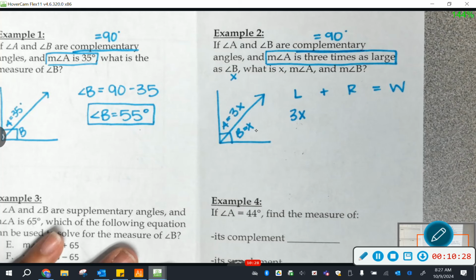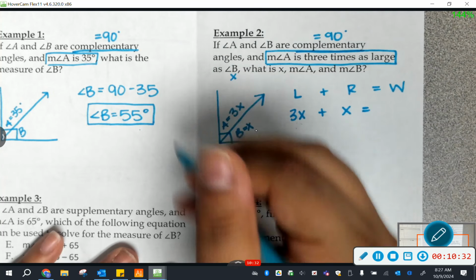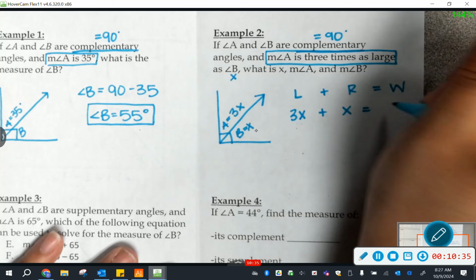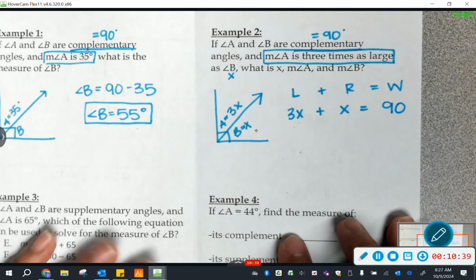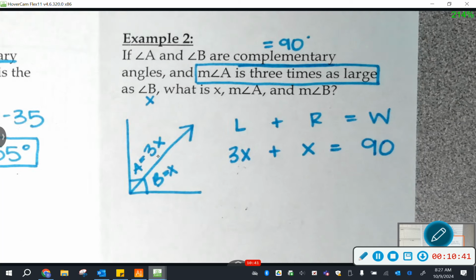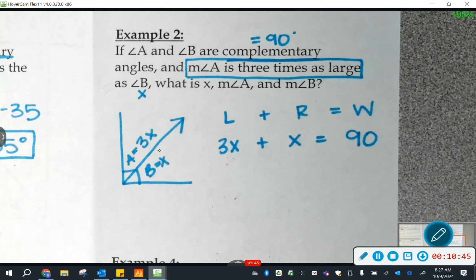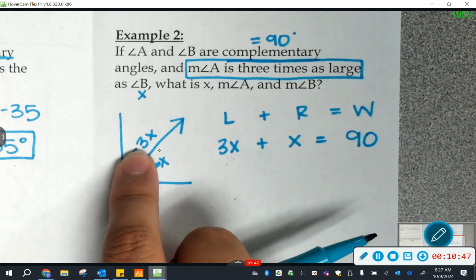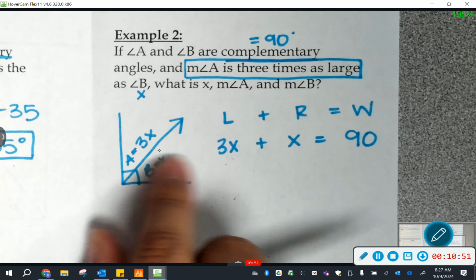What's to the right here? x. What is my whole angle here? 90. Write all of that down, you're writing down what I'm writing down, please. A lot of y'all yesterday just said 3x equals 90. So be careful. Left plus right equals the whole thing.